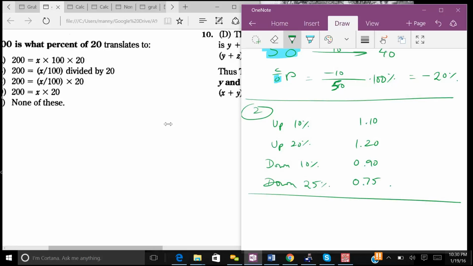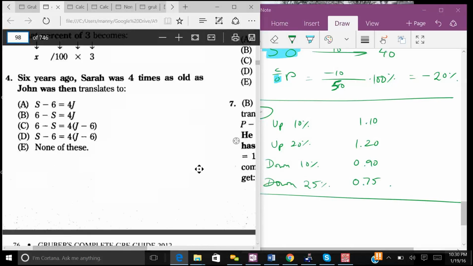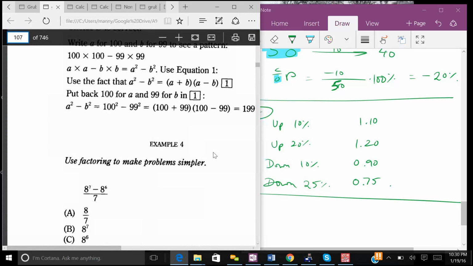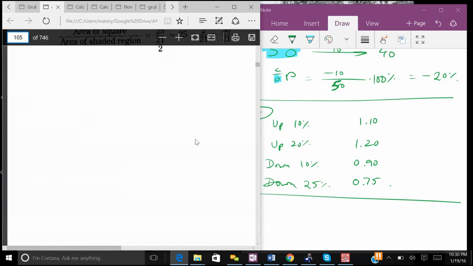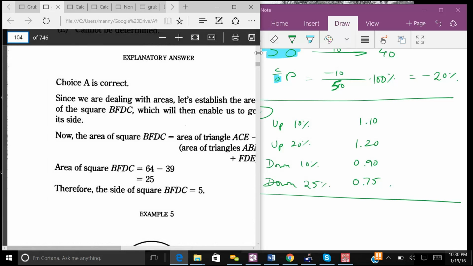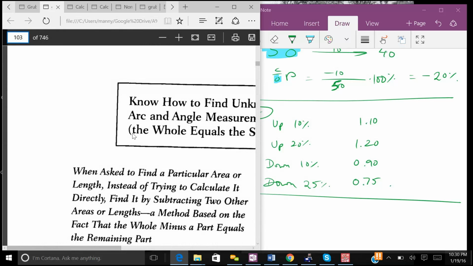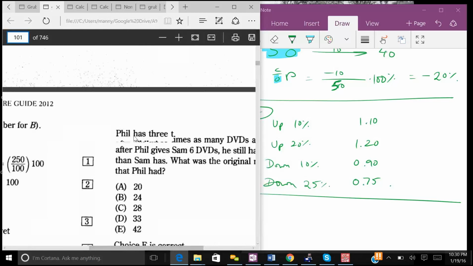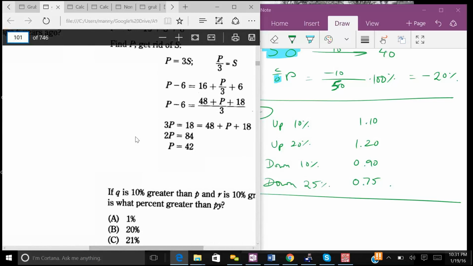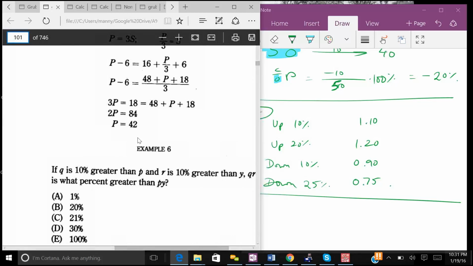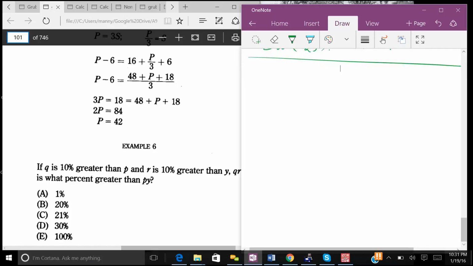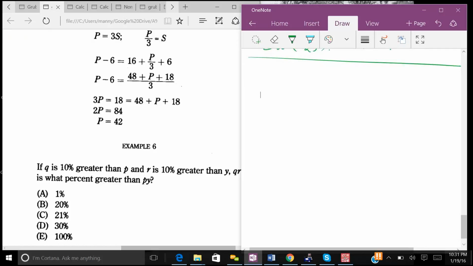So let me show you an exam type question and see how useful this is. I'm going to do one problem like each type. Example 6. Okay, I'm going to put this in your notebook also. Okay.